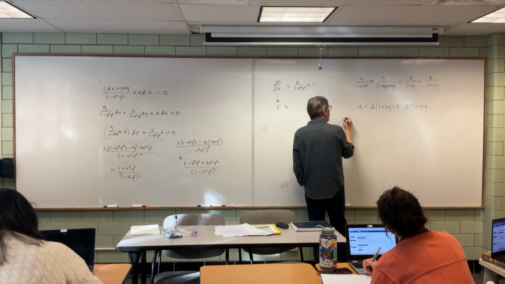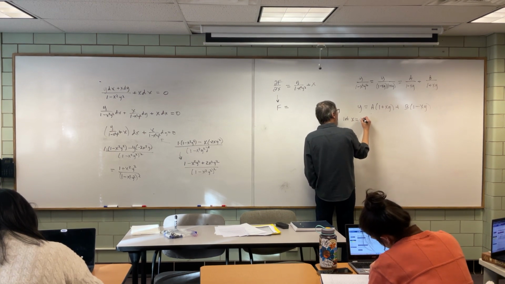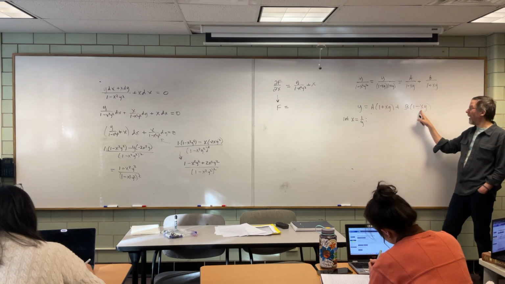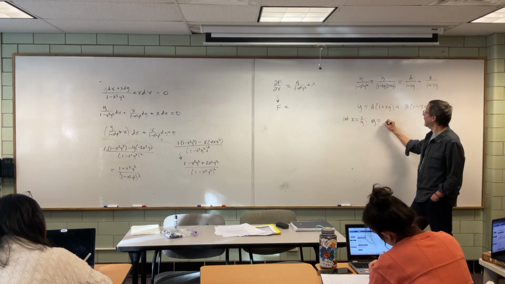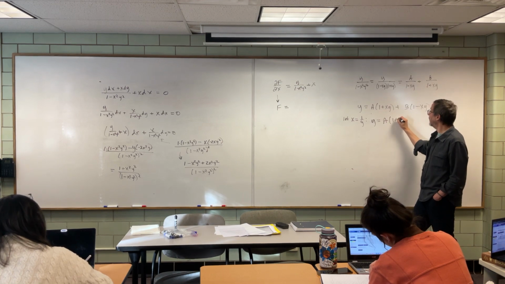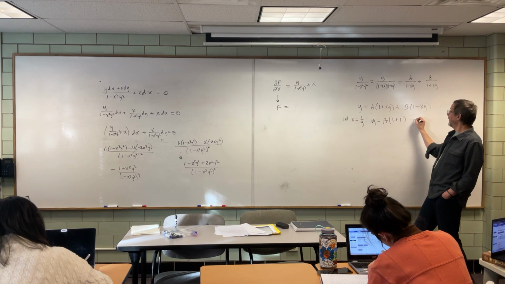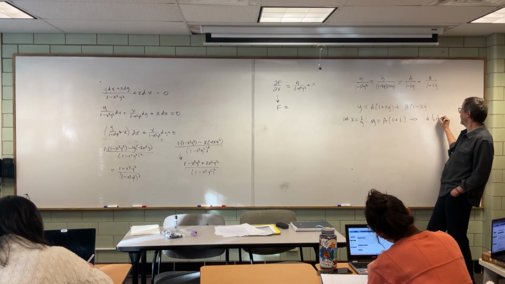Then I pick values. Let x equal 1 over y. If I let x equal 1 over y, this piece dies, and I've got y equals a times (1 plus 1). Isn't that nice? So a equals 1/2 y.